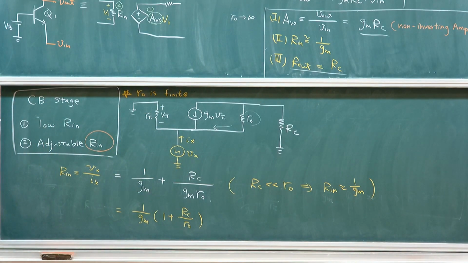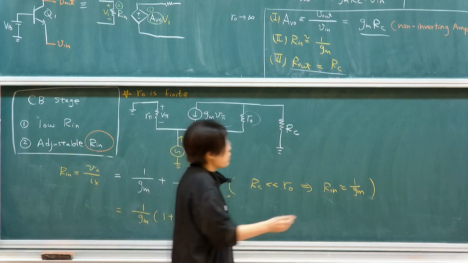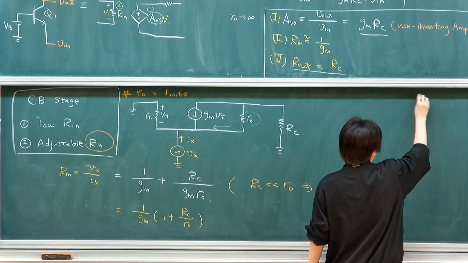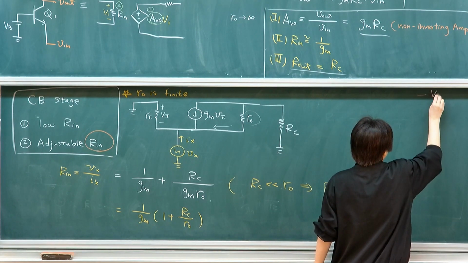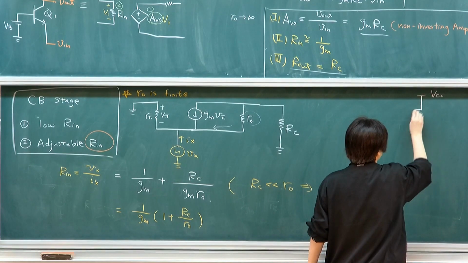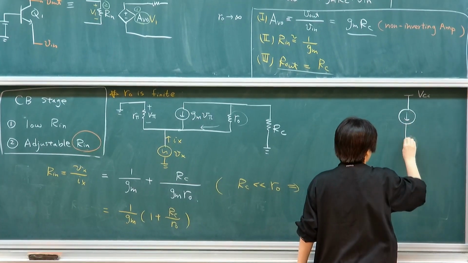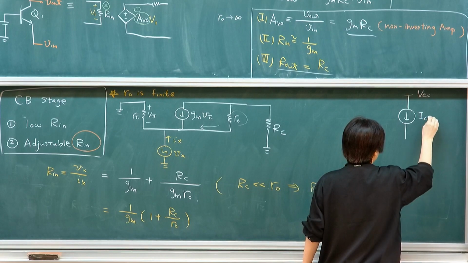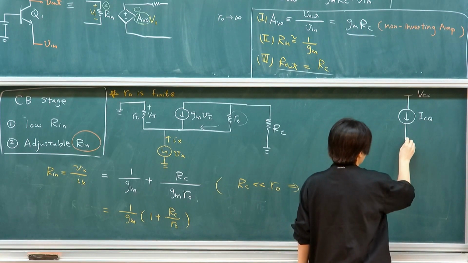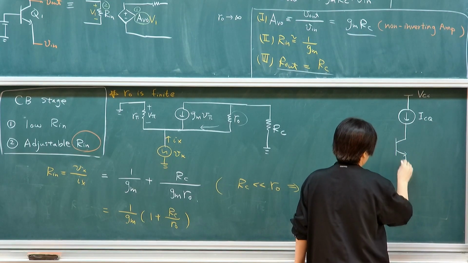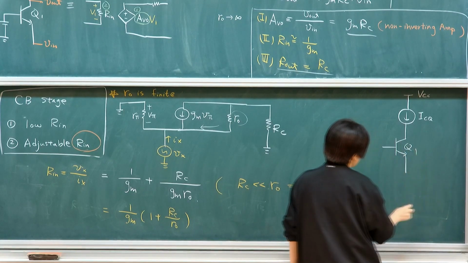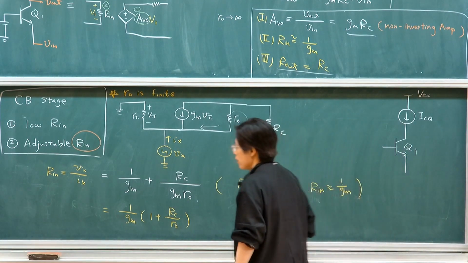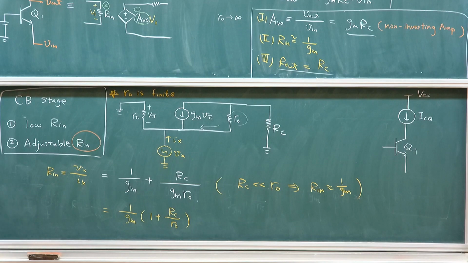One of the problems is, when does this become a problem? Let me ask a question. Let's say I have an ideal current source as my bias. This is more conceptual. It will never be realized because you won't have an ideal current source.